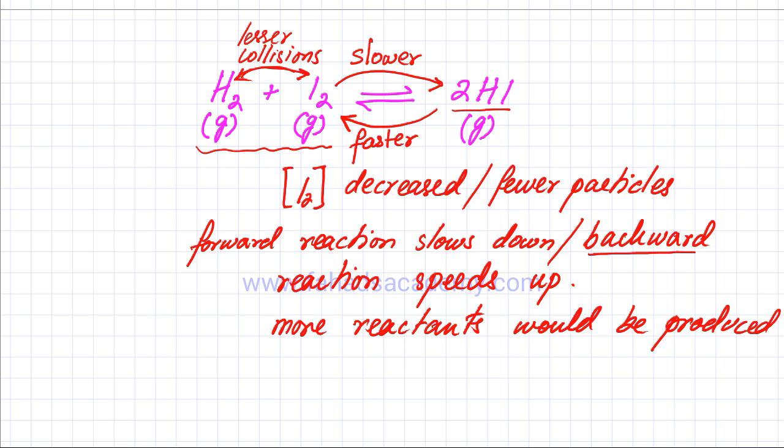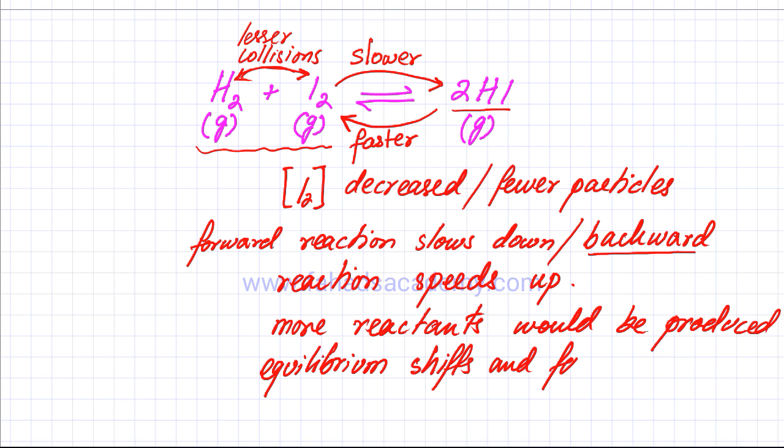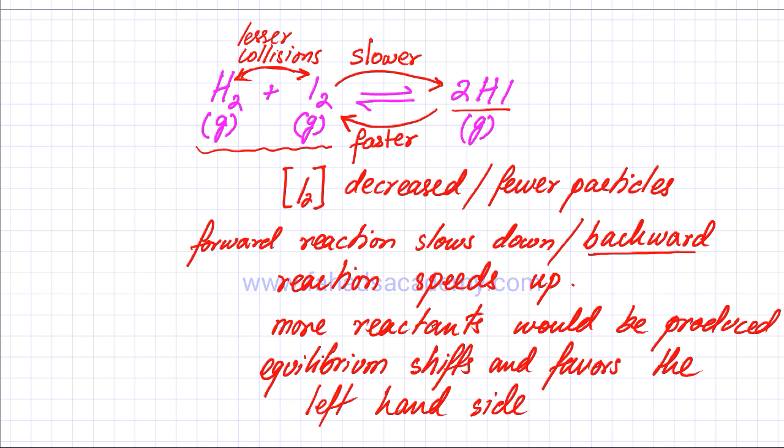So what we can say is that the equilibrium shifts and favors the left hand side. So it's shifting and favoring the left hand side or the reactant side. We can also write down the reactant side.